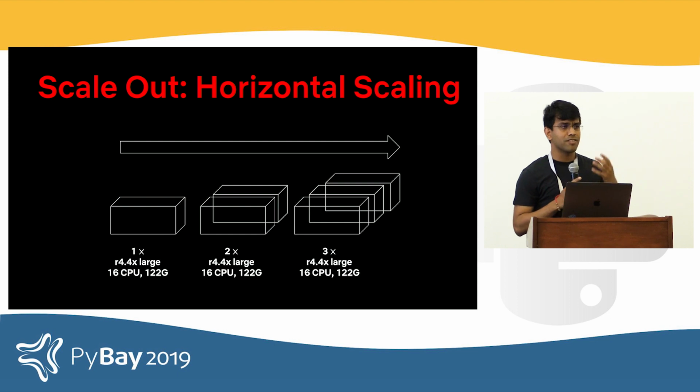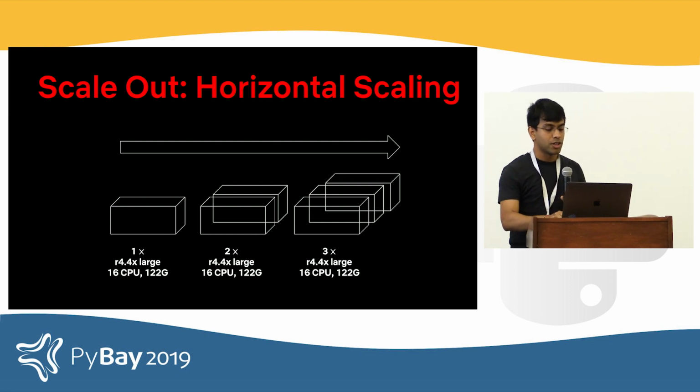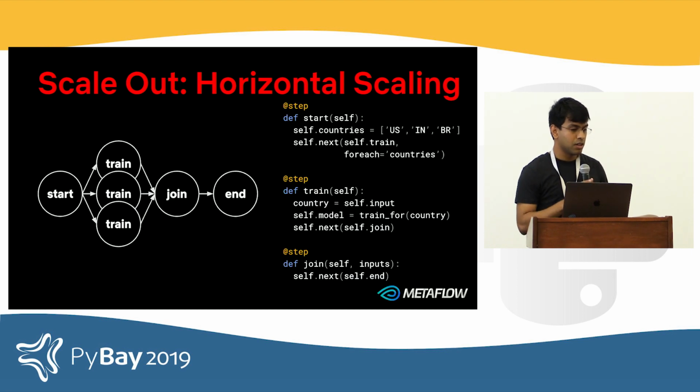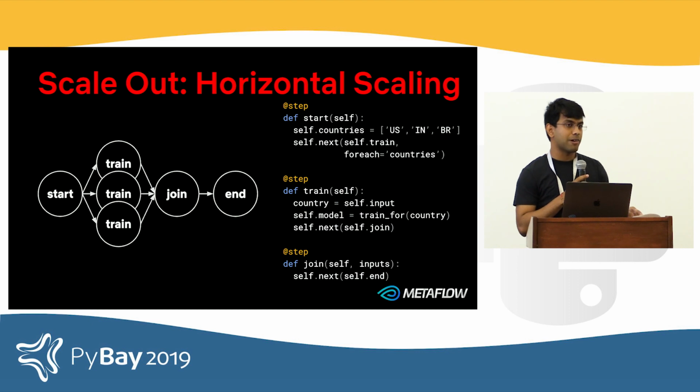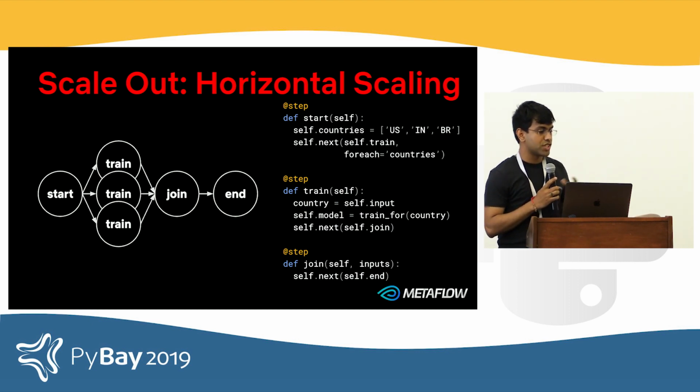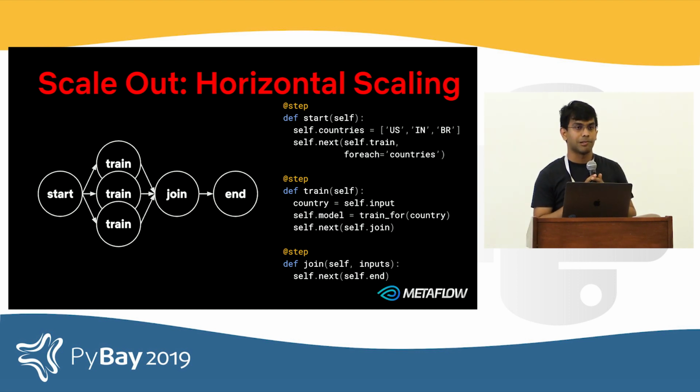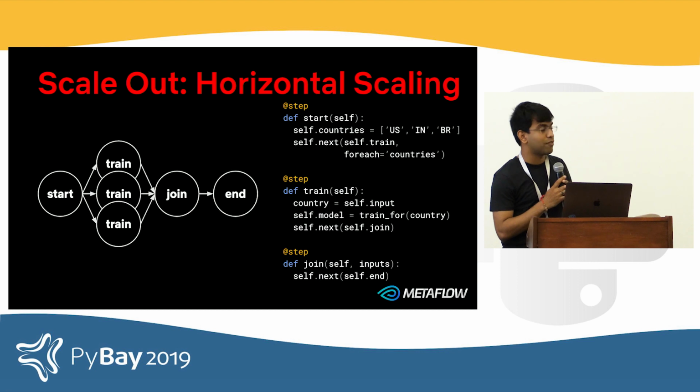Also, it might be one of the easiest ways to introduce parallelism into your workflow to get things done quickly. So within Metaflow, we actually provide a simpler version of horizontal scaling, which is we let you just distribute a mutually independent set of compute, leveraging something like a for each.